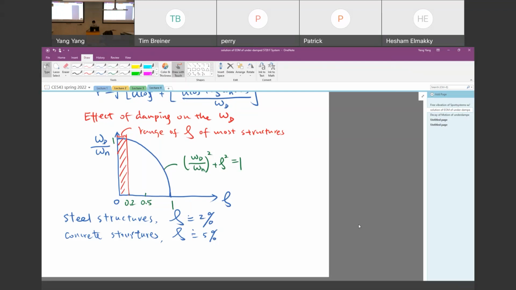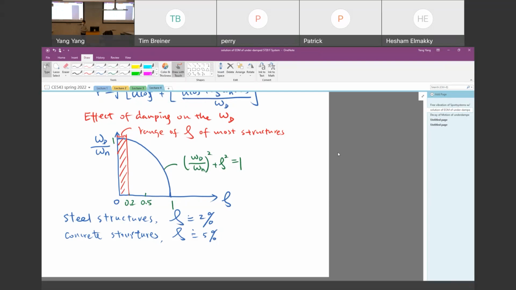As I mentioned, the damping ratio is also a function of the structure type. It's not a simple function of the material, also a function of the type of the structure, and also a lot of other stuff. So yeah, actually, to express the damping ratio mathematically or theoretically is still a very challenging task for scientists.